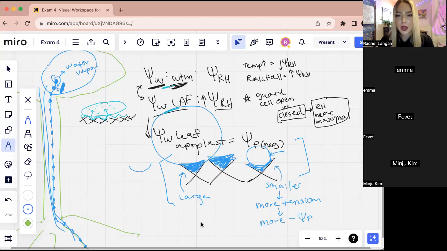You would have to say, well, because the radius of menisci at the leaf apoplast has gotten smaller, there is therefore more tension and therefore more negative pressure, which means therefore a more negative water potential. So when you talk about an increase in tension, you want to bring it back to the radius of menisci in your explanation.